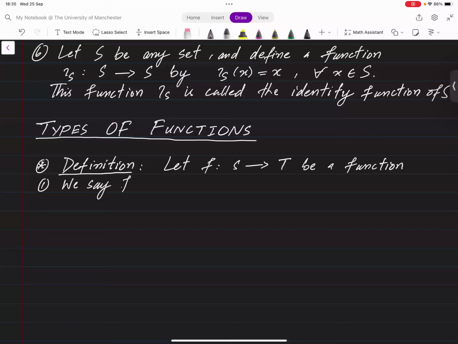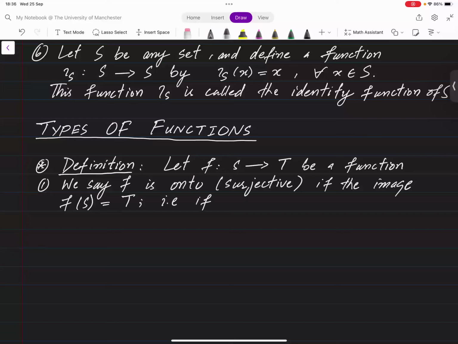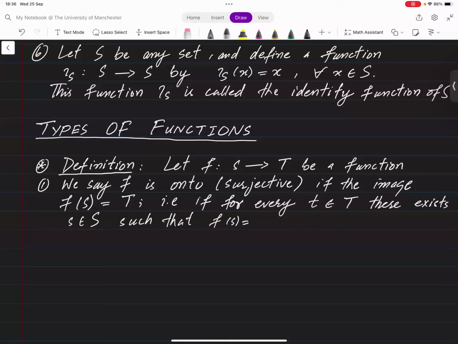We say f is onto, or the other name is surjective, if the image f of S is nothing but T, i.e., if for every small t in T, there exists small s in S such that f of s is t. It means that every element of T should be mapped by some element of S.